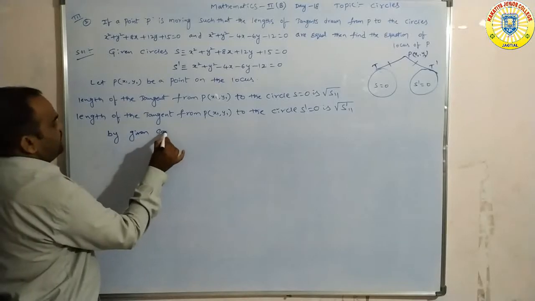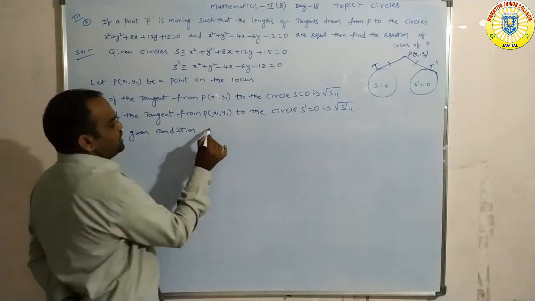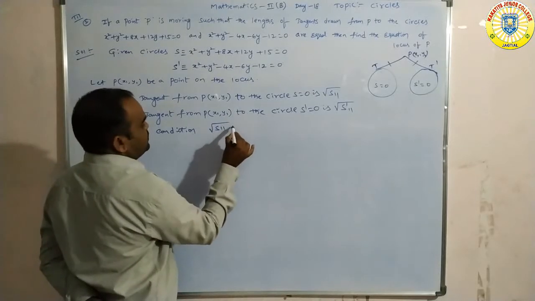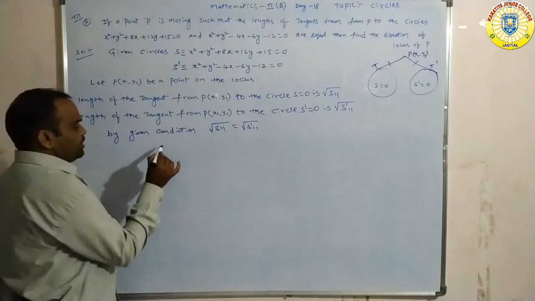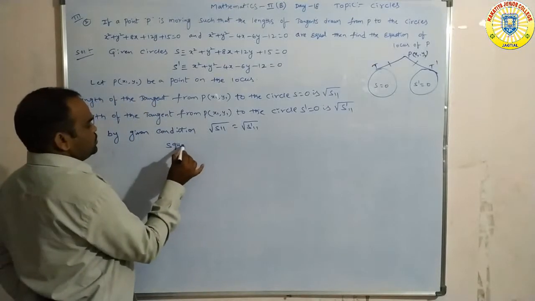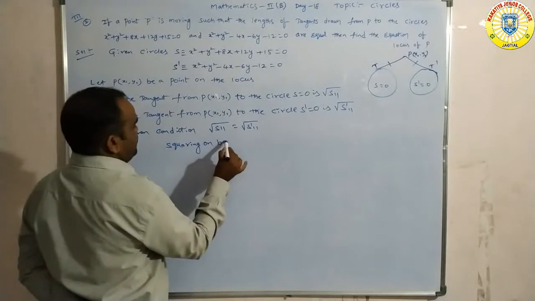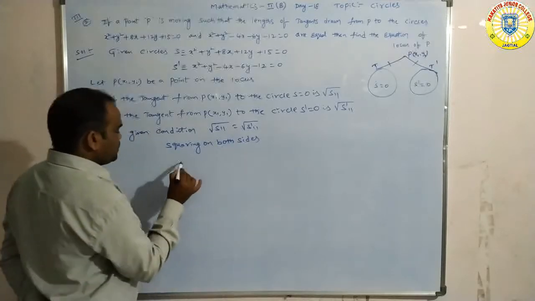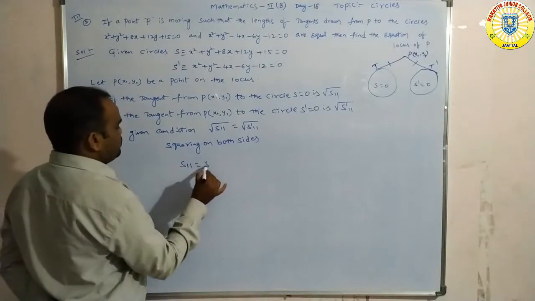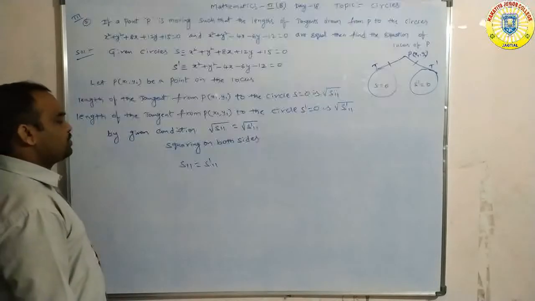By given condition, length of the tangents are equal, that's why under root of S11 is equal to under root of S dash 11. Next we are squaring on both sides. S11 is equal to S dash 11.